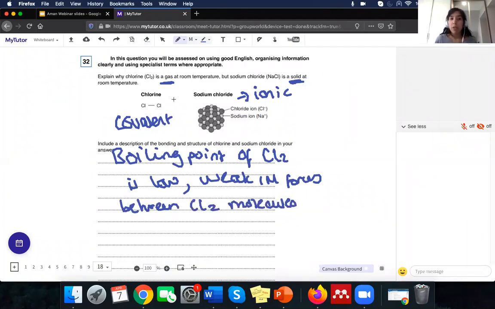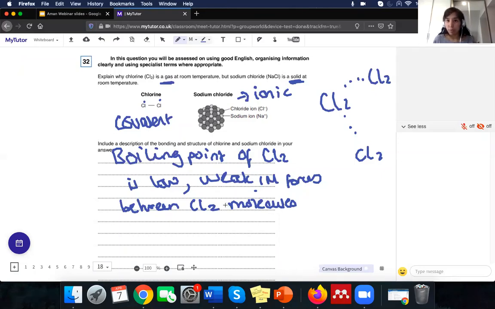So remember, even though there's covalent bonding within a chlorine molecule, between different chlorine molecules there are weak intermolecular forces, and that is why the boiling point of chlorine is low. You would lose a mark here if you said melting point, because this question is specifically asking why it is a gas. So remember that it's the boiling point of chlorine that has to be low to make it into a gas. So the boiling point of chlorine is low, and that's because of the weak intermolecular forces between the chlorine molecules.